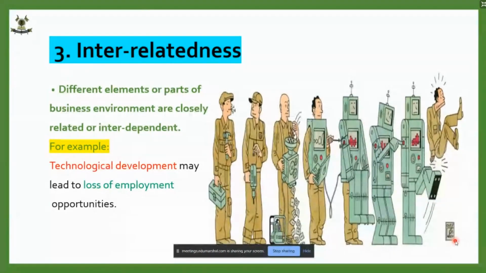If people's preferences and lifestyle are changing, it is going to have an impact on, say, technology or on the economy, but the change is coming in society, social trends, the thought of the people. So the different elements, social, political, legal, technological, are closely related to each other.